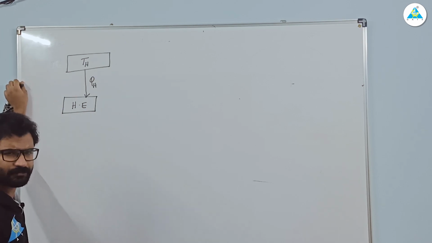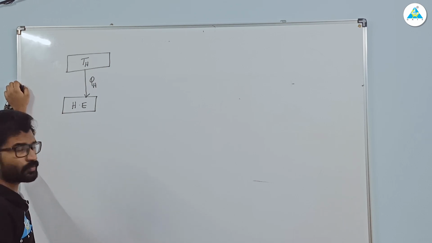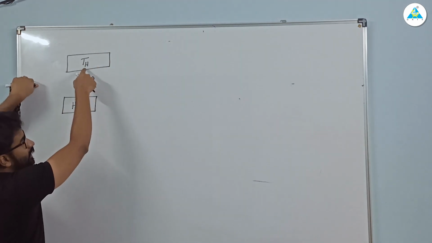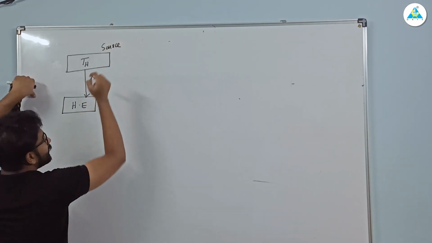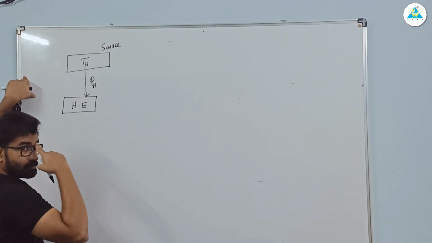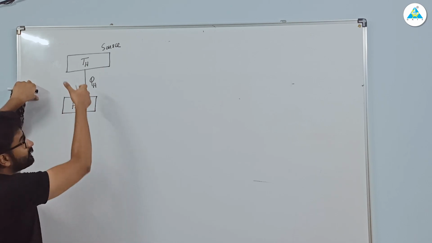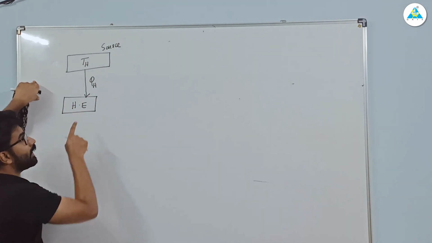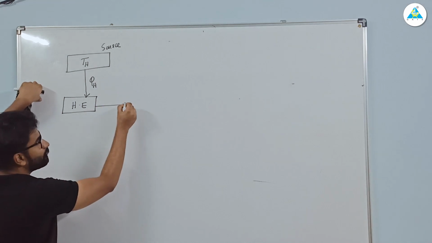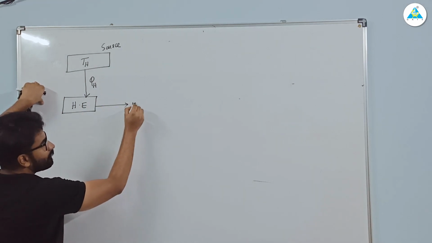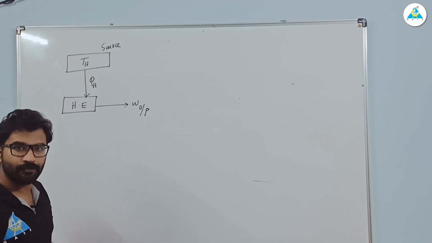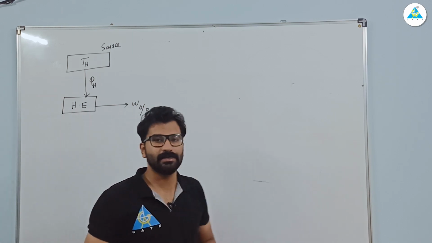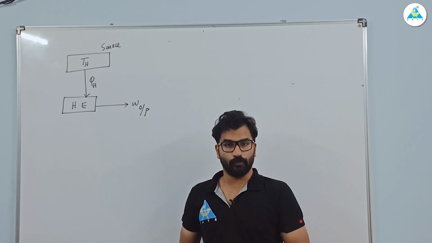It can be any source; that is my thermal energy reservoir. Now a part of this heat, by using the heat engine, is converted to work output. Clear? So a part of the heat is now converted to work output.